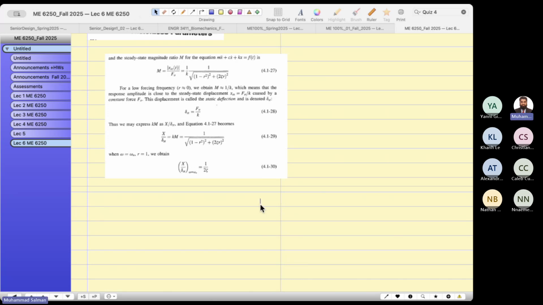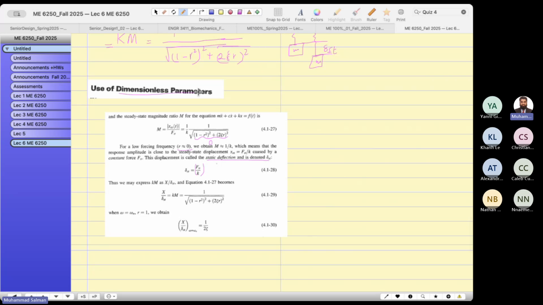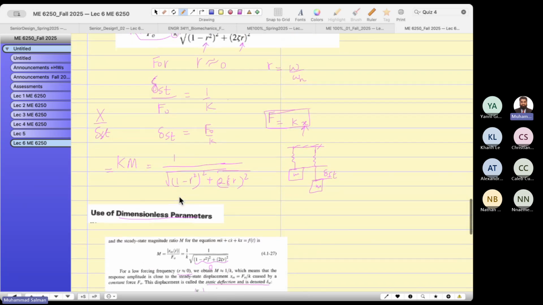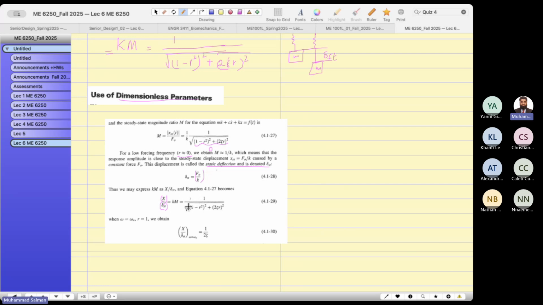Here, as mentioned, at low frequency this part becomes 0, and you're left with F naught over k. And the steady state displacement can be written as the static deflection. For dimensionless parameters, X in the numerator, actual displacement divided by the static displacement, it is mk, which is equal to this answer.